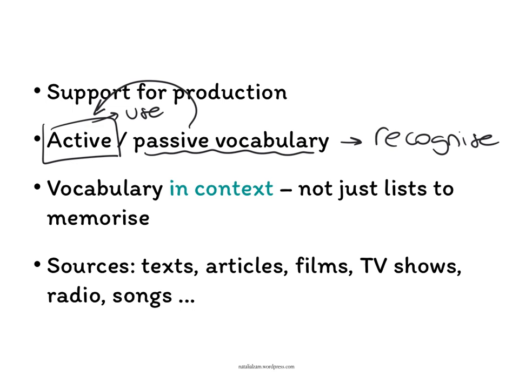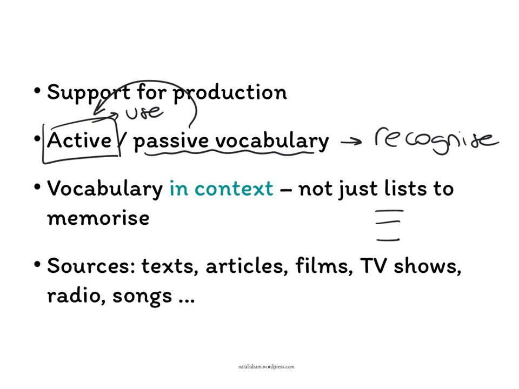I've also mentioned that you need to memorize vocabulary in context. Typically, just a list of words might be useful to memorize if there was a vocabulary test. So you could memorize these words and then the following day you will have forgotten them.